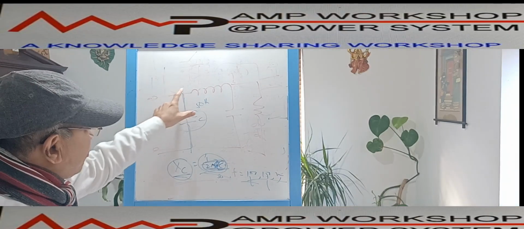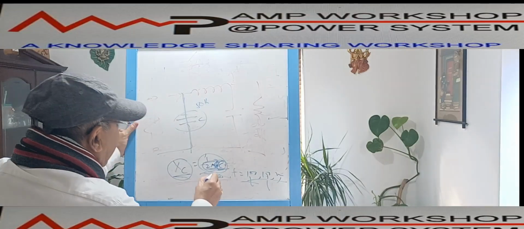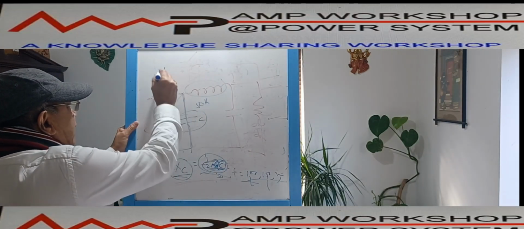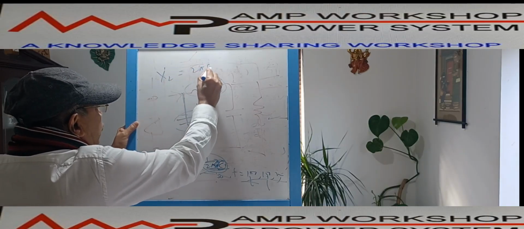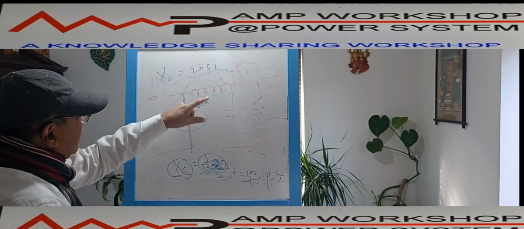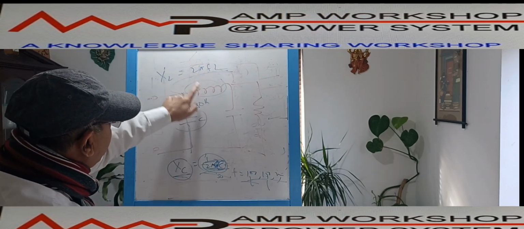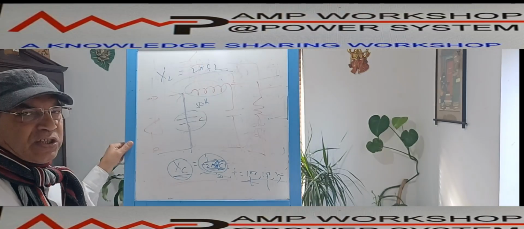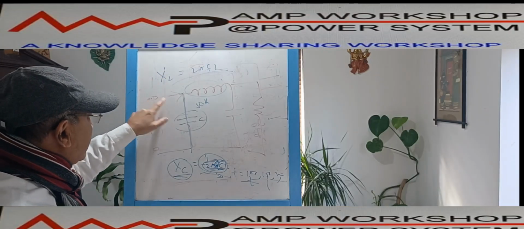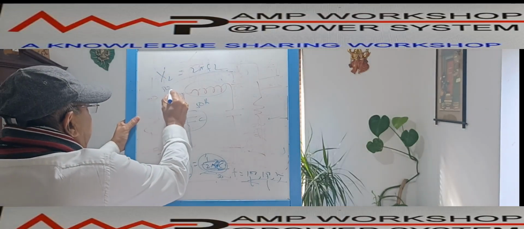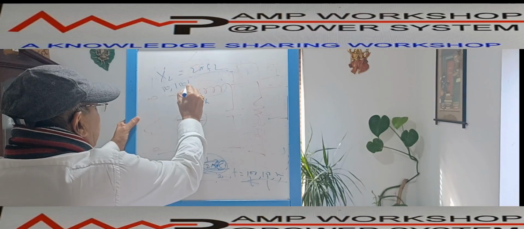In the case of the inductor, XL equals 2 pi F into L, and it is in series. So for high harmonics, the inductor will give a high resistance. Suppose 50 Hertz is coming, and 150 Hertz is also coming.